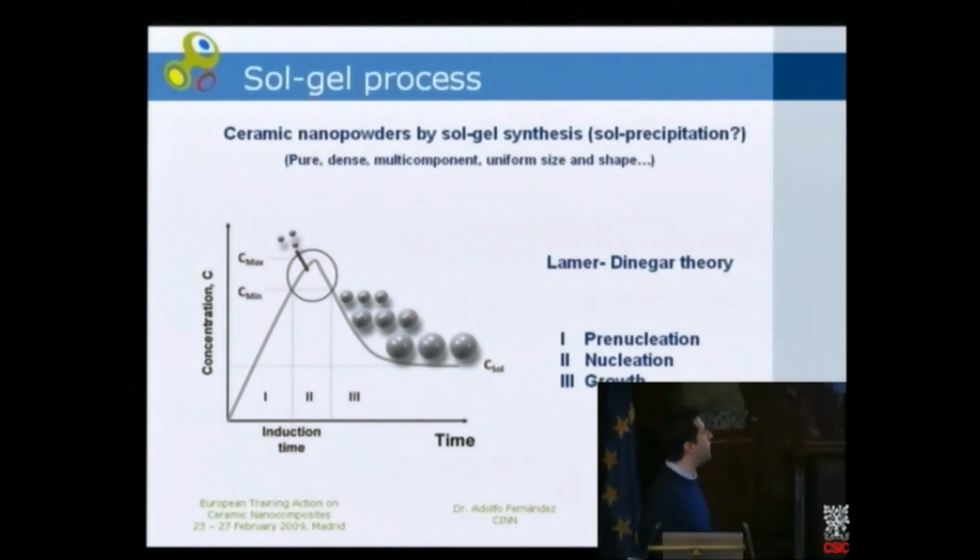Three parts can be distinguished in this process. The first one is the pre-nucleation step in which there are no particles in solution, the nucleation, when it starts to nucleate the particles, and the growth of the particles. For obtaining homogeneous particles in size and shape, it's necessary to separate the nucleation and growth process.